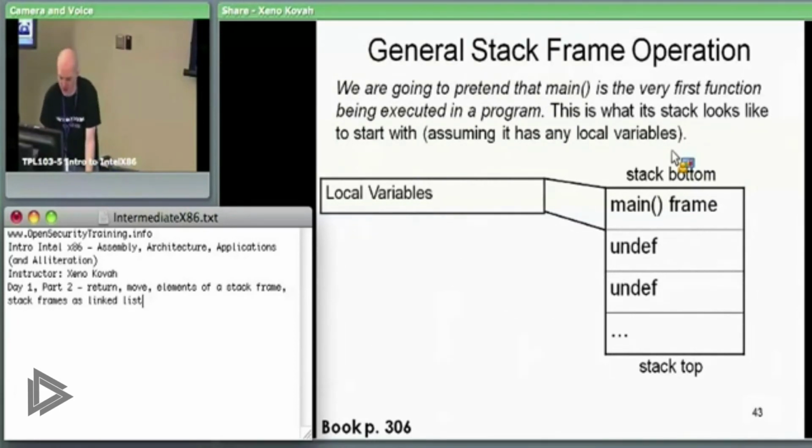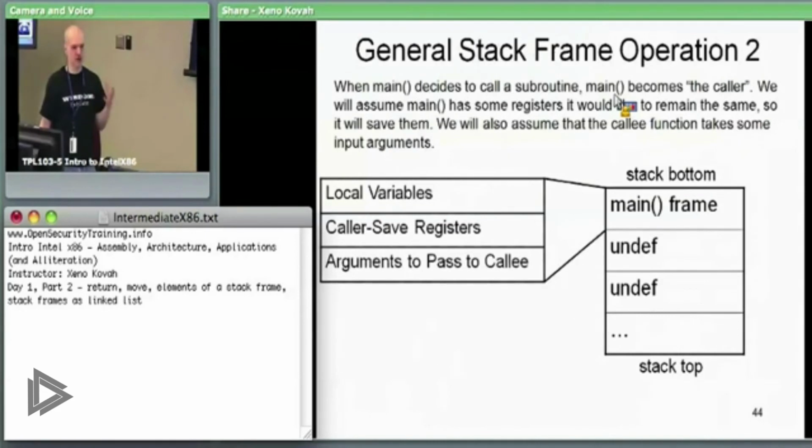So we're going to say when the OS starts your program, it has main, and the first thing main does is it reserves space on the stack for its local variables. So it's going to do some subtract from the ESP in order to make a place for its local variables. And now, let's say that main wants to call some subroutine, which I don't think I've put on here yet.